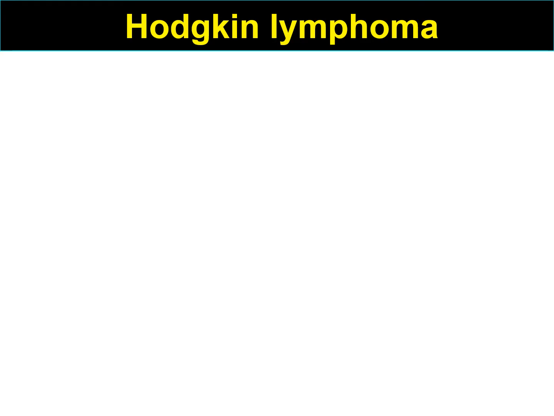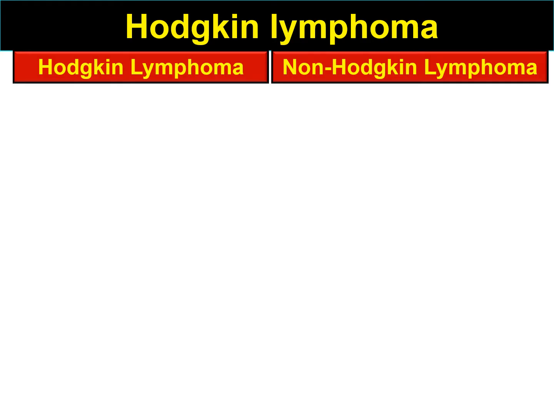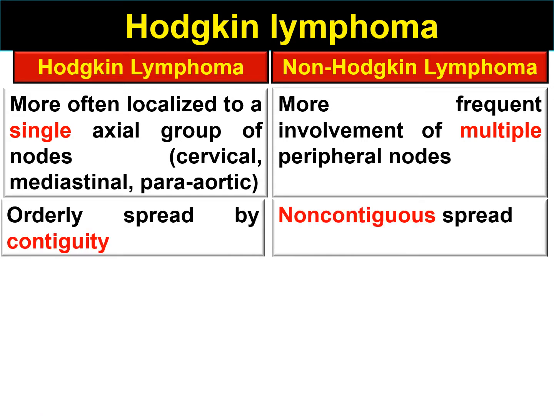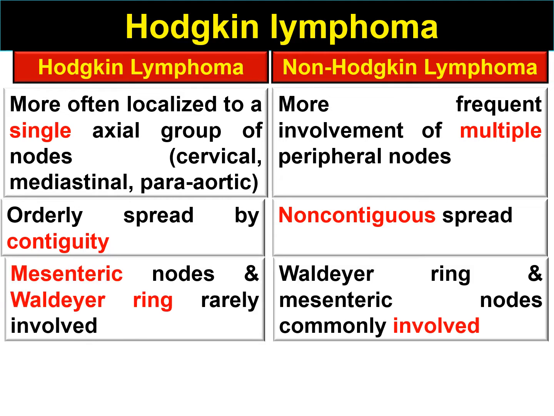Hodgkin lymphoma has some characteristics that differentiate it from non-Hodgkin lymphoma. It is more often localized to a single group of lymph nodes that may be cervical, mediastinal or para-aortic, while non-Hodgkin lymphoma more frequently involves multiple peripheral nodes. Hodgkin lymphoma spreads in contiguity, while spread in non-Hodgkin lymphoma is non-contiguous.